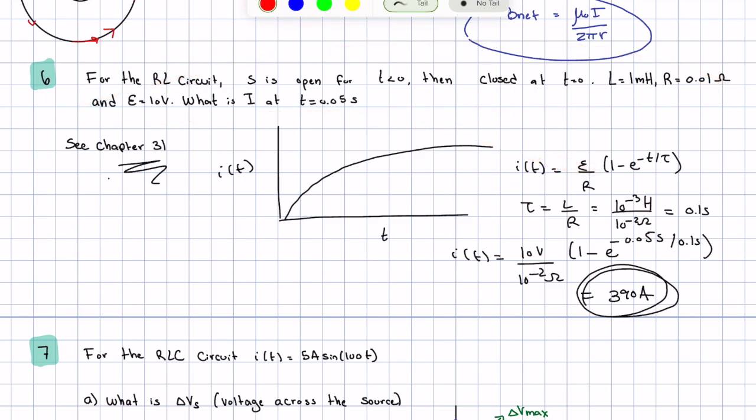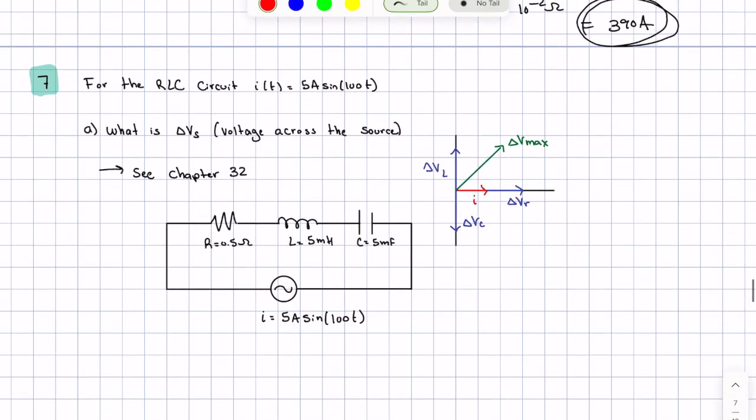The next one gets a little bit more tricky again. You have an RLC circuit with I of t equal to 5 amps sine 100t. You are asked to figure out what delta Vs is, the voltage across the source.